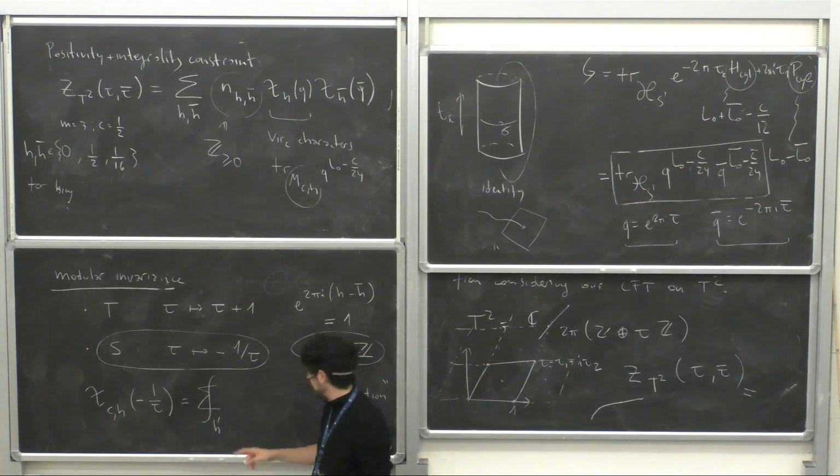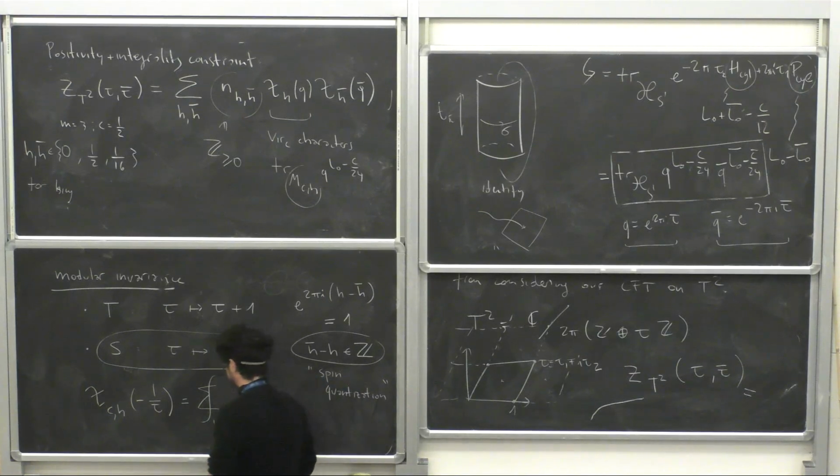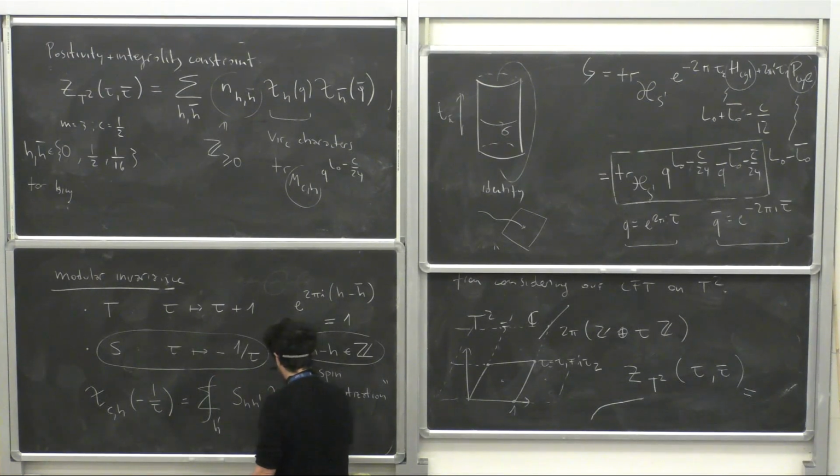In the case of the Ising model, we just have to do a sum. Then you get a matrix, which we'll call S, h h prime, and then we rewrite it in terms of the characters chi h prime of tau.